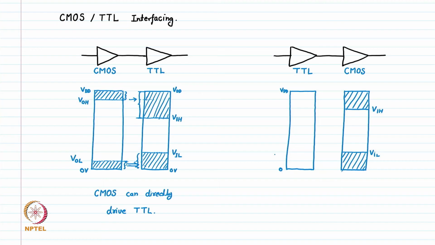Now for TTL, the output voltage is typically, let's say, here VOH level, this is VOL, and VOH is typically like this.